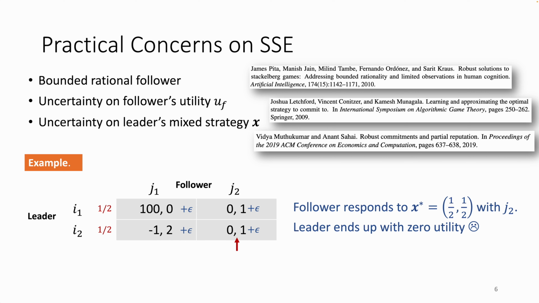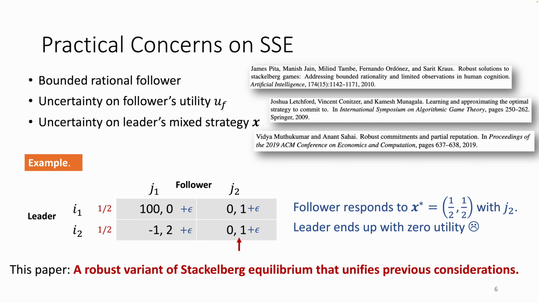And under this perturbed utility matrix, the follower might respond to the leader's strategy with J2. This would let the leader end up with zero utility, and this is a bad situation we want to avoid in practice. So this paper is trying to design a robust variant of Stackelberg equilibrium that unifies previous concerns.